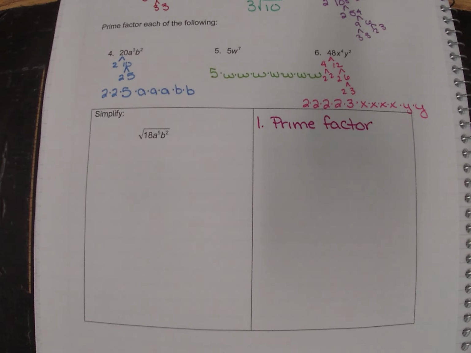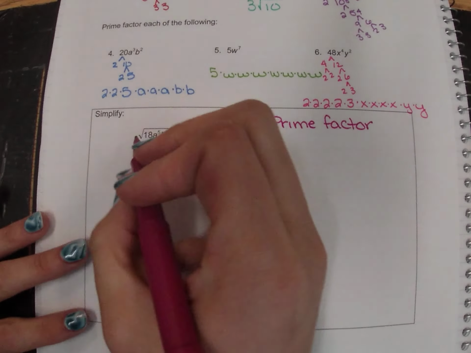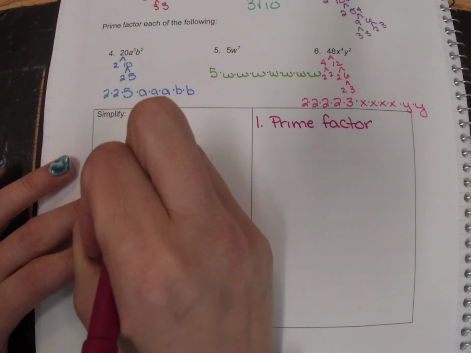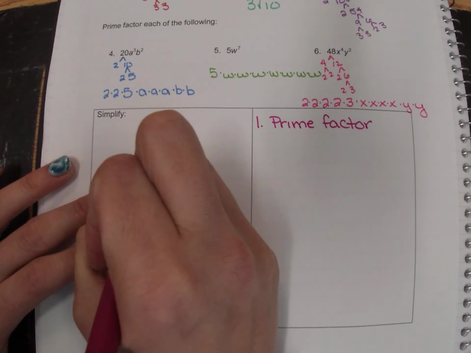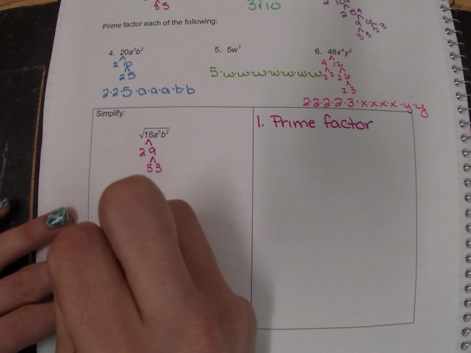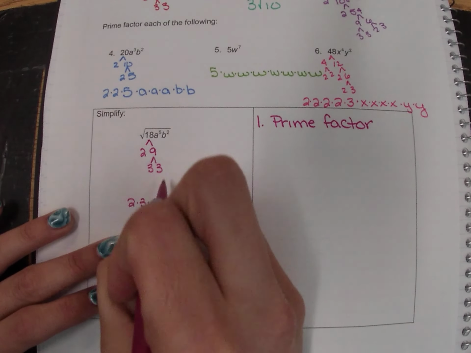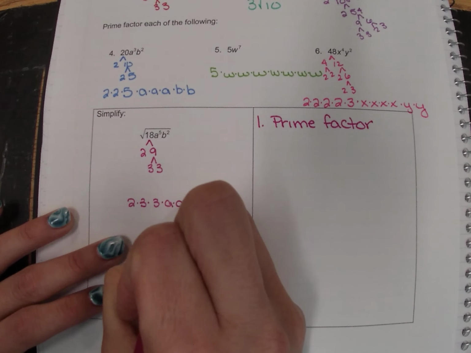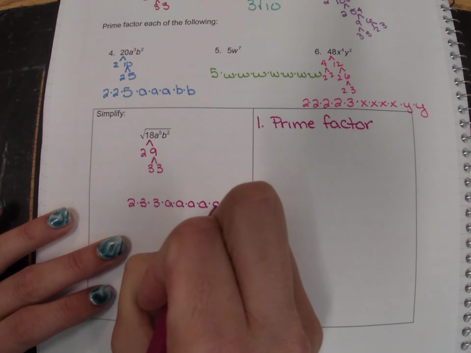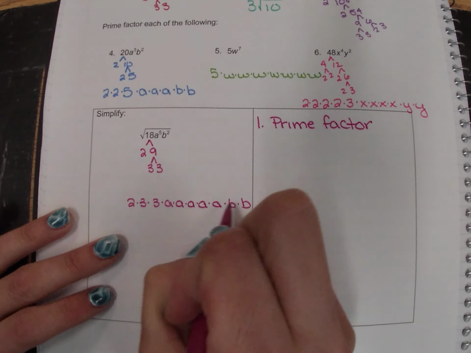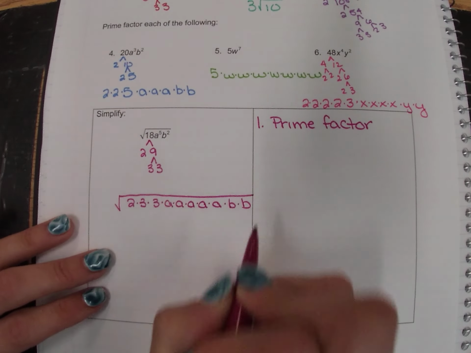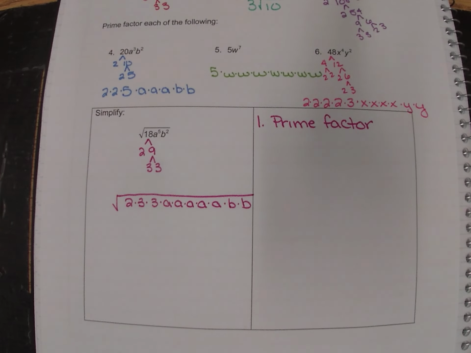We just now know that when we prime factor with those variables, we're starting with the coefficient. A 2 and a 9, whatever numbers you choose to pick. So we'll get a 2, a 3, a 3, and then 5 a's and 2 b's. So I really still have all of this underneath the square root.